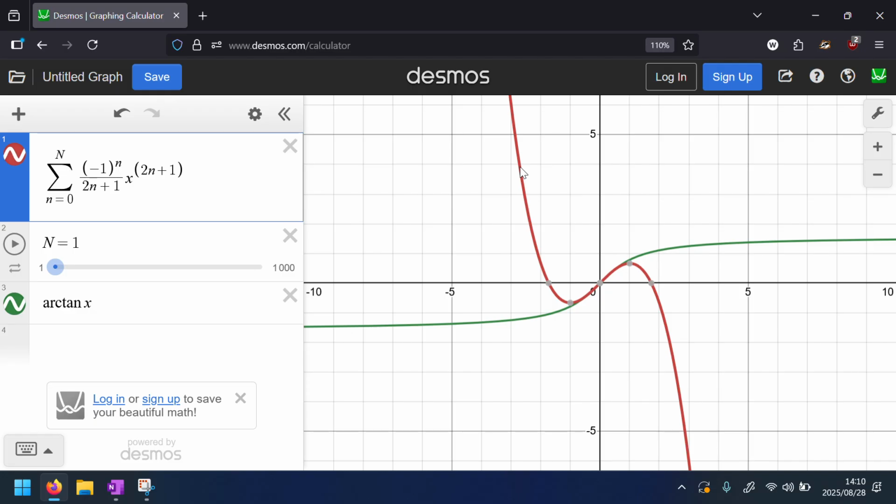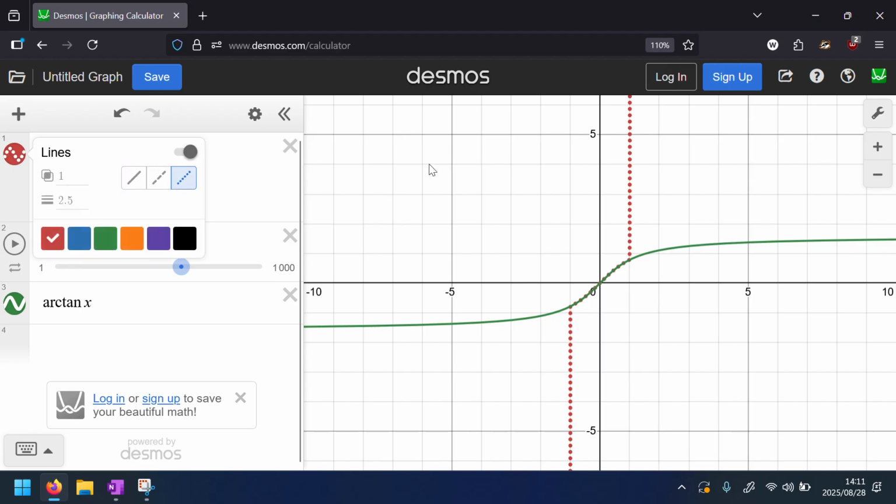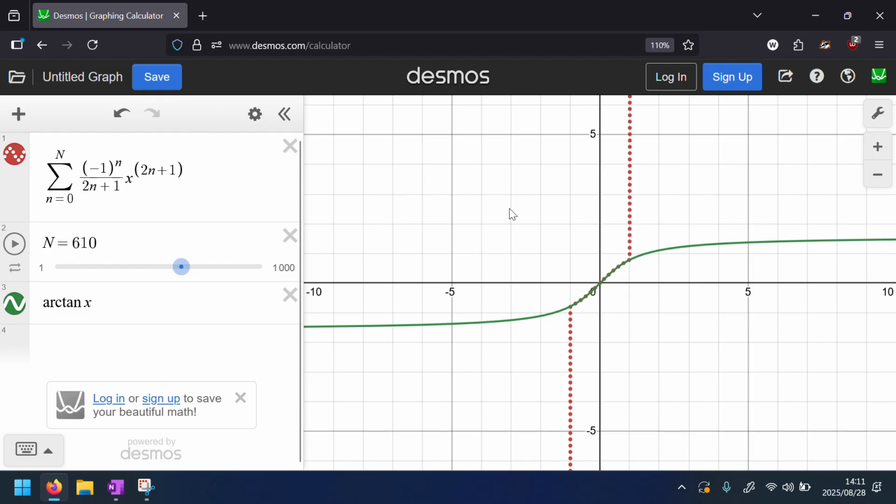Now notice the domain for the red one compared to the green one as we increase this N. Okay, we go. Let's put a dotted line so we can see it a bit better. Again, we've increased it to 610 there. We can increase it further and further, up to 1,000, but it never goes beyond those bounds there.